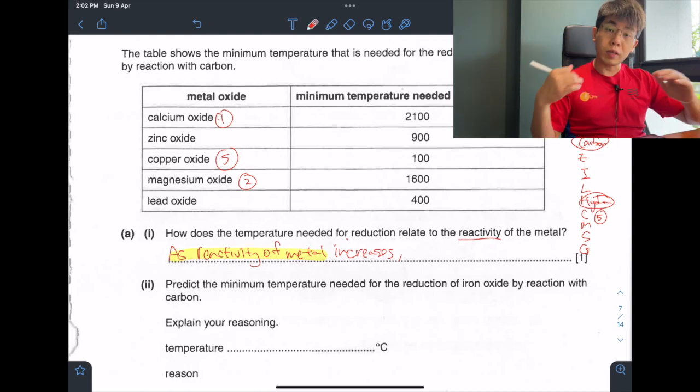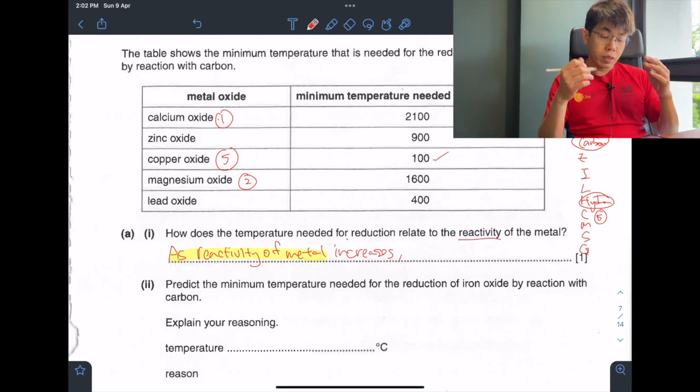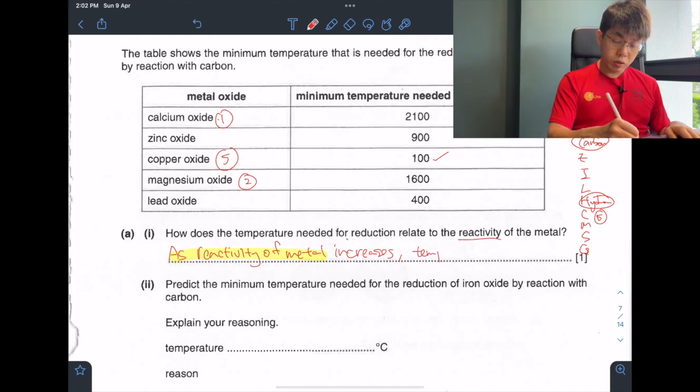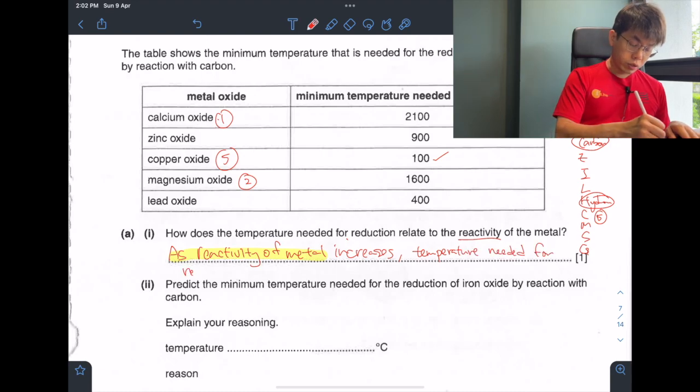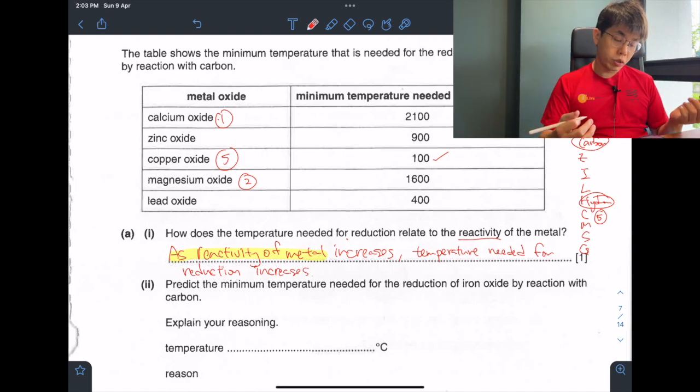So copper seems to be the least reactive and the temperature is the lowest. So when we see that the reactivity increases, the temperature also seems to increase. So as the reactivity of the metal increases, temperature needed for reduction increases as well. So the more reactive the metal, the higher the temperature needed for reduction.